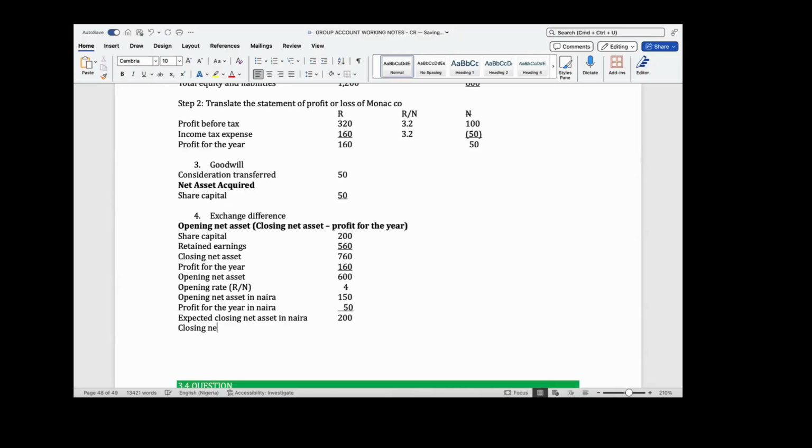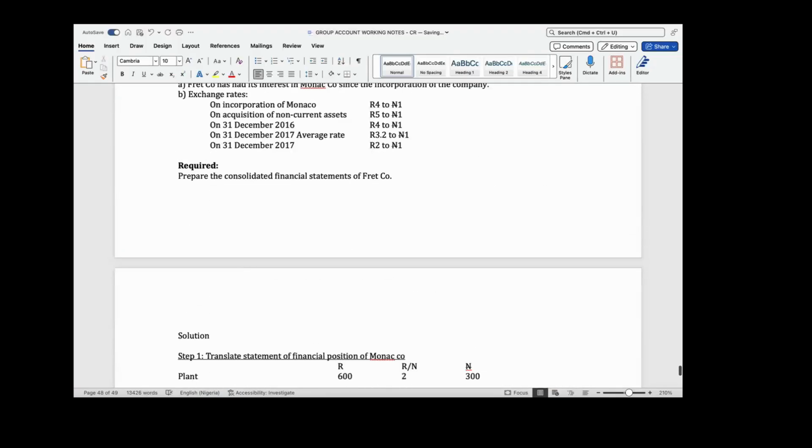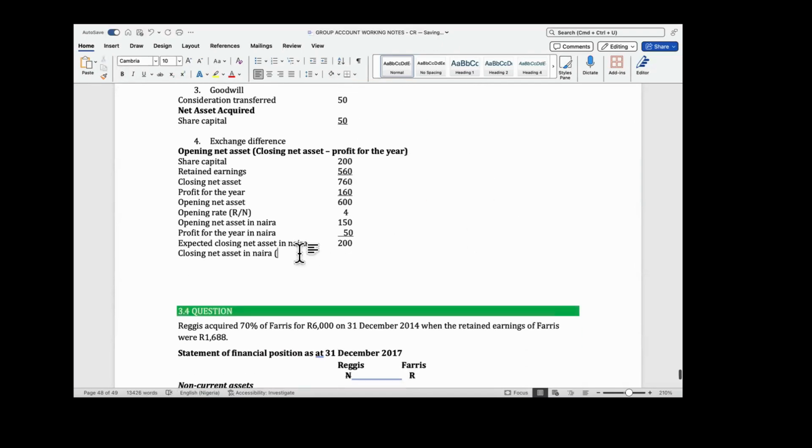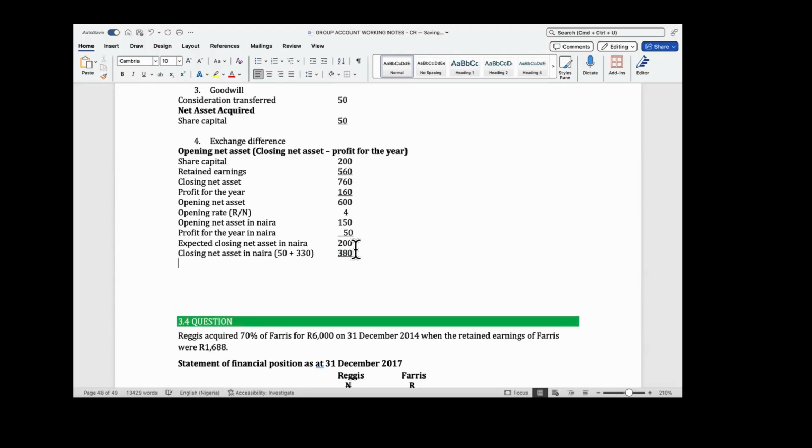It wasn't 200. My closing net assets in naira, after translation using this year's closing rates, if you check it out, is share capital 50, retained earnings 330. It was 380. So this 380 is what we sorted.